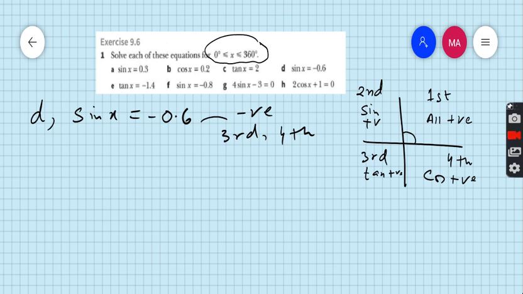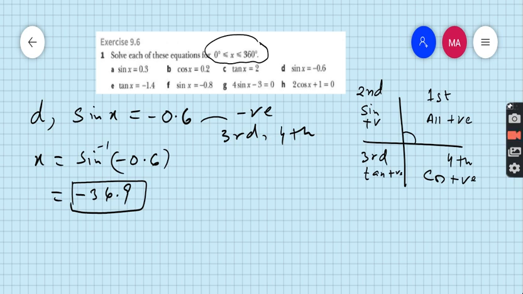Okay, so first find the value of x by sin inverse minus 0.6. The value is minus 36.9.